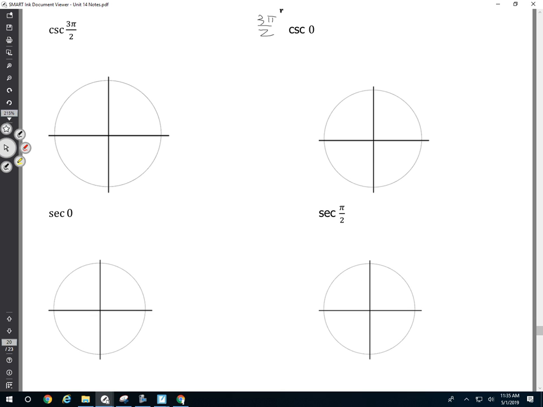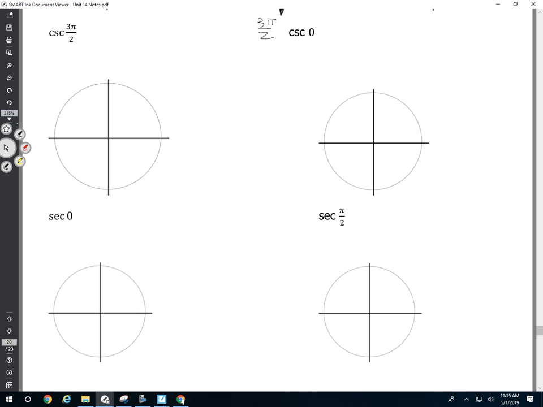What's the cosecant of 3 pi over 2? Cosecant is the reciprocal of sine. If you know the sine of 3 pi over 2, you can flip it and get the cosecant of 3 pi over 2. 3 pi over 2. Start with 2 pi over 2, add a pi over 2.